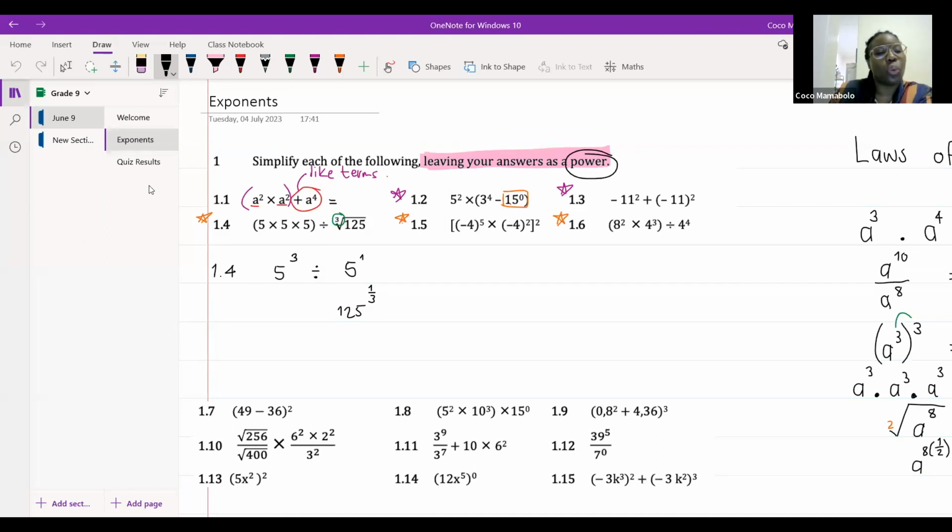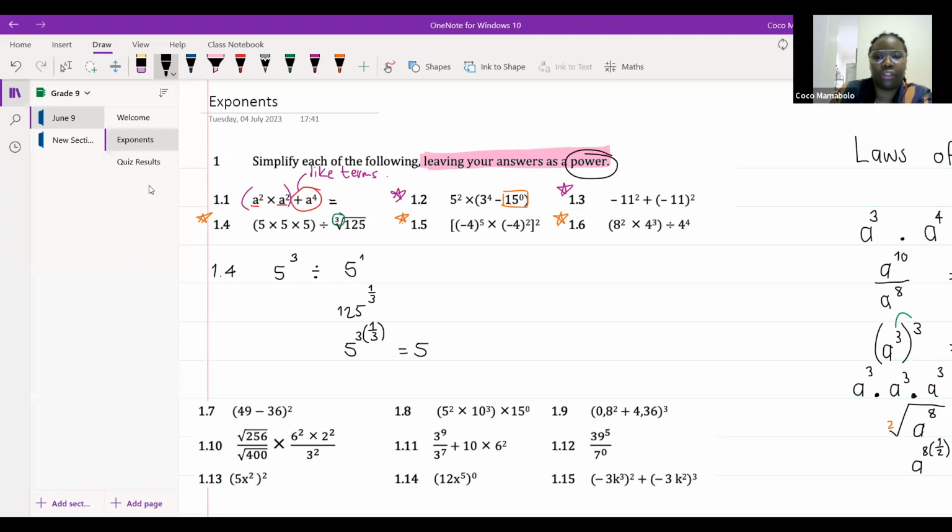Okay, good. So when we take 125, I can rewrite 125 as 5 to the power of what? 5 to the power of 3. Good. 5 to the power of 3 multiplied by a third. Yes, ma'am. So that's going to give me 5.